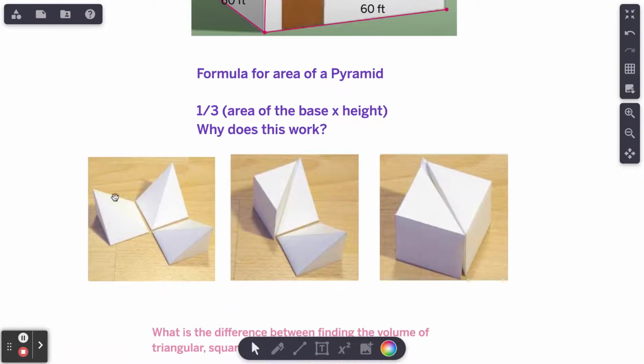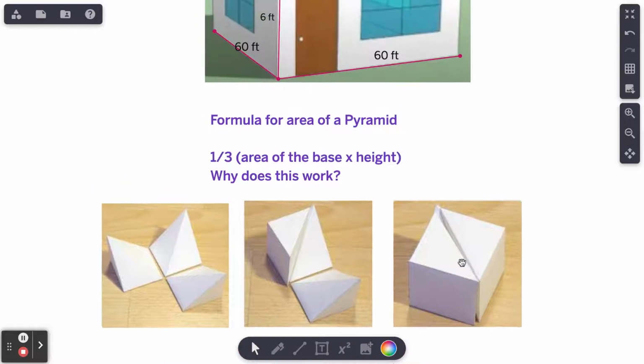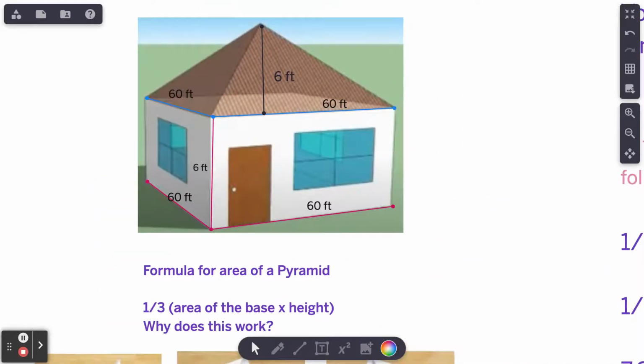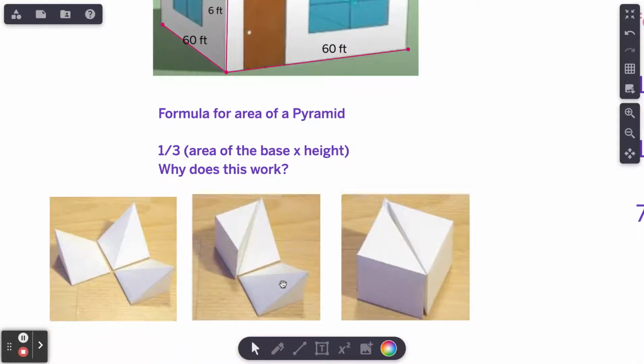But let's look at this paper model of a pyramid. So we have three pyramids. They are all the same size. And we're going to put these three pyramids together to make a cube. So you can see the progression of these three pyramids being stuck together to make this cube. And so that is why we do 1/3, because we only want one of these pyramids.